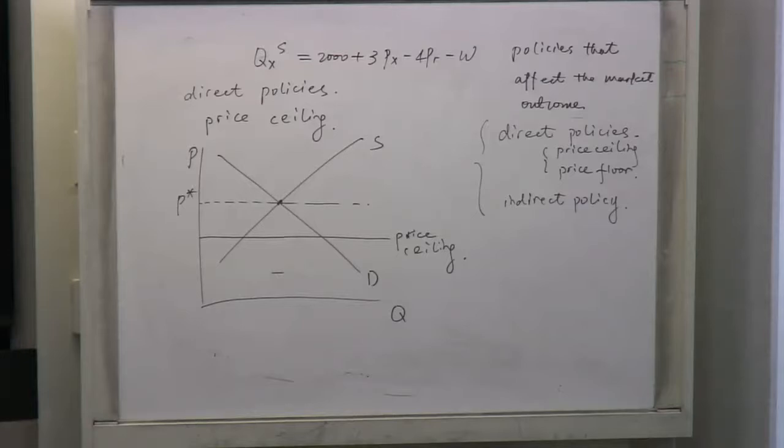There is an opportunity cost of using a price ceiling or price floor. There's no free lunch. Everything has a cost. So now we're going to study what the cost of using a price ceiling is. Of course, the intention was good: to make the good affordable for consumers. That's a good intention, but it comes with a cost.